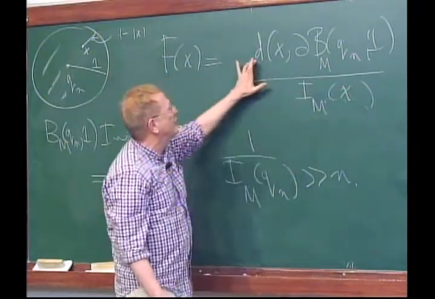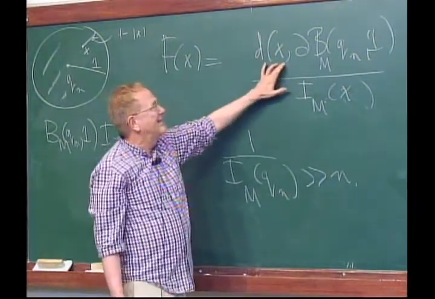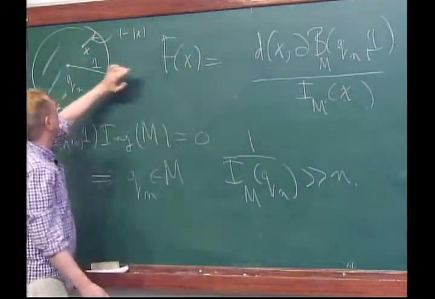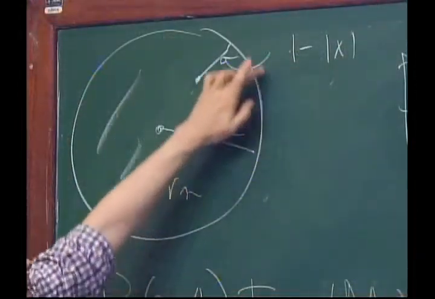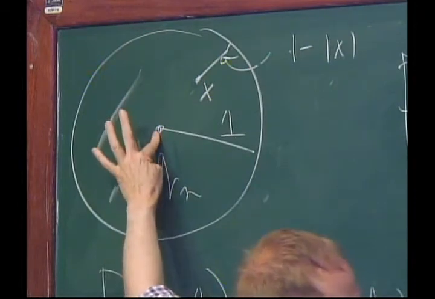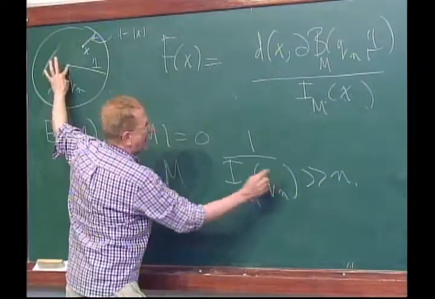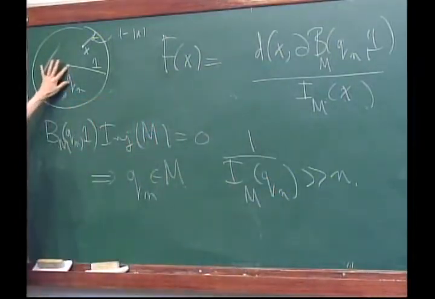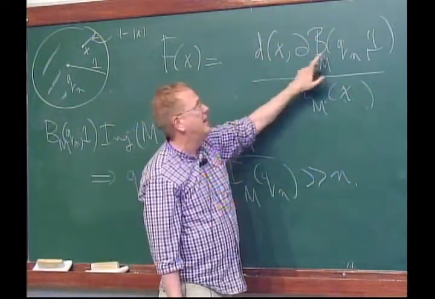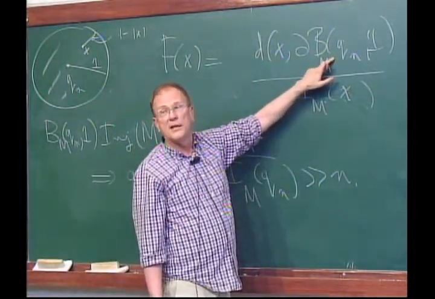Okay, this function has a property. It's 0 on the boundary of the ball. So this function here is 0 here, and it's this value at the origin. Because if you put q_n here, the distance from q_n to the boundary of the ball is 1.